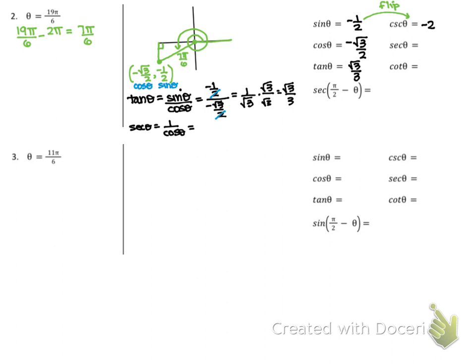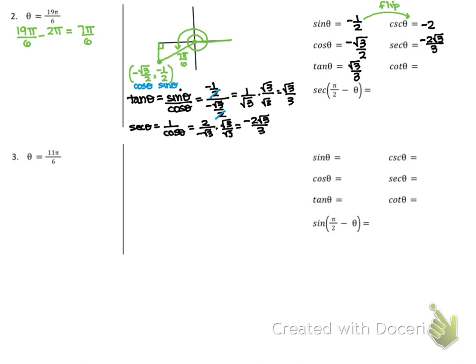So I'm going to take my negative root 3 over 2 and just turn it into 2 over negative root 3, multiply by root 3. That's going to give me negative 2 root 3 over 3. So if you don't have them memorized, you can always go through and find them. Negative 2 root 3 over 3.